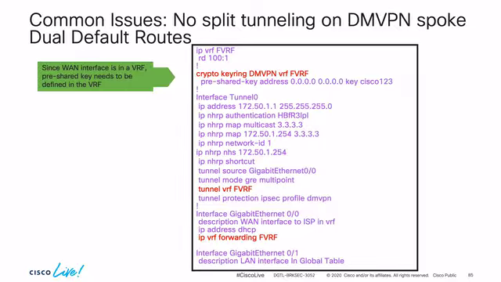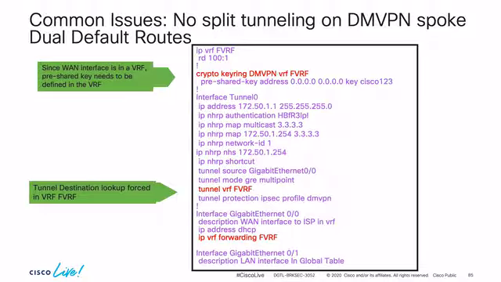Since the WAN interface is in a VRF, if you use a pre-shared key for authentication and encryption, you need to make sure that the pre-shared key is also defined within the same VRF as the WAN interface. And the tunnel destination also needs to be in the same VRF as the WAN interface.